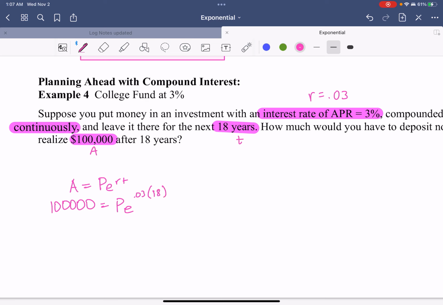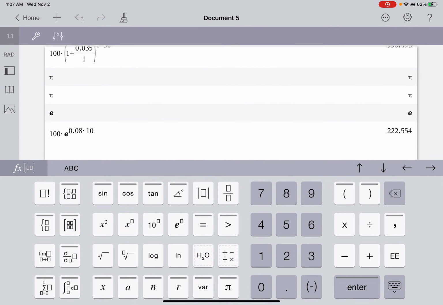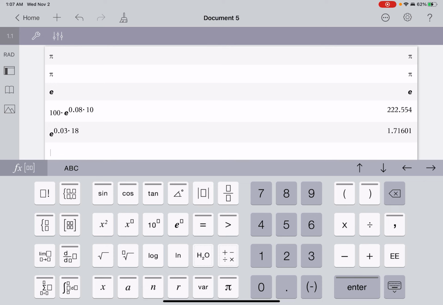Now we already talked about e being just a number. So if I put e to the power of 0.03 times 18 in the calculator, I get a decimal 1.71. Again, if you go up and highlight that previous answer and press enter, you can see there are so many more decimals, but the calculator rounds it for you.